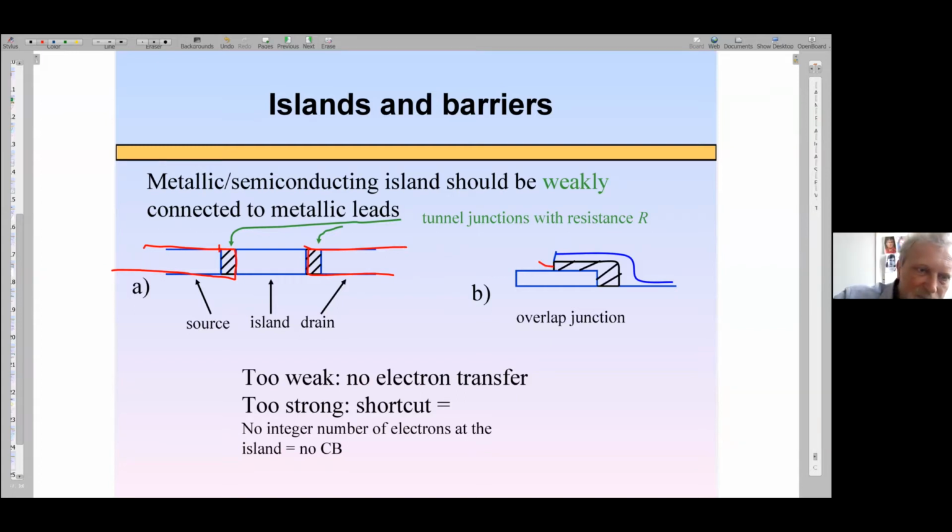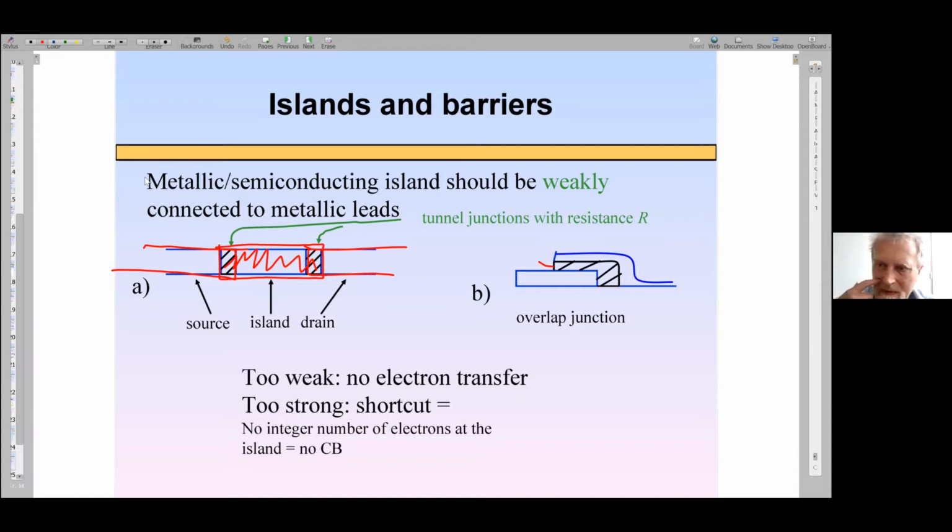And then you put in the next cycle of evaporation, putting an island on top of it like this. What is formed is called an overlap tunnel junction. You want to make it smaller for capacitance to be smaller, for charging energy to be bigger.